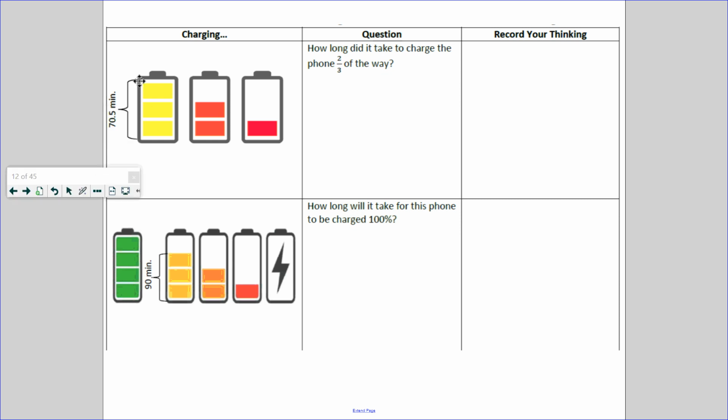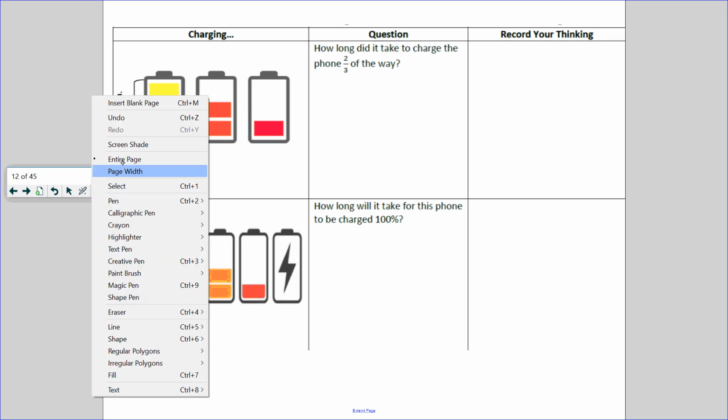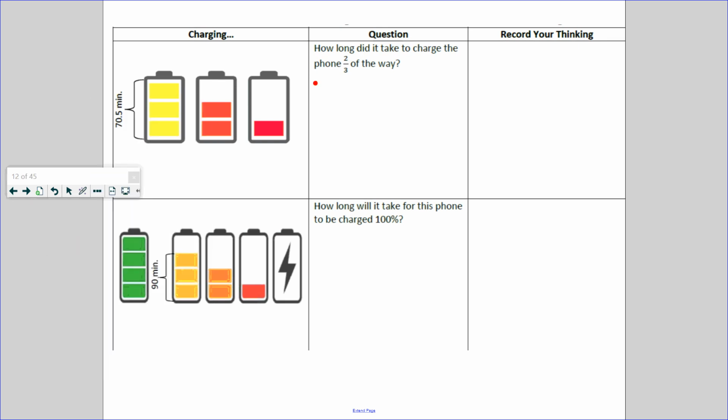So to fully charge this phone, 3 bars, is 70.5 minutes. How long did it take to charge the phone 2/3 of the way? Let's think. So 3 bars is 70.5 minutes. 1 bar, 2 bars.